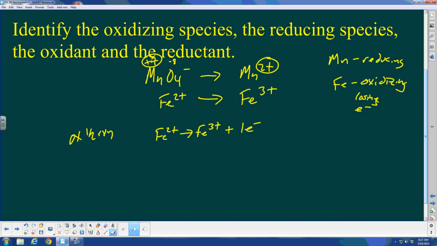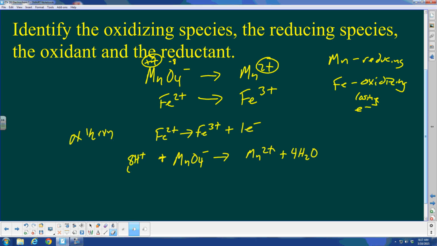So when I look at my reduction half reaction, I'm going to start with my manganese going to manganese 2. Great. Are my manganeses balanced? Yes. Are my oxygens balanced? No. I need to add 4 waters, and then I need to balance my hydrogens, so I have to add 8 hydrogen cations, and then I need to do what?